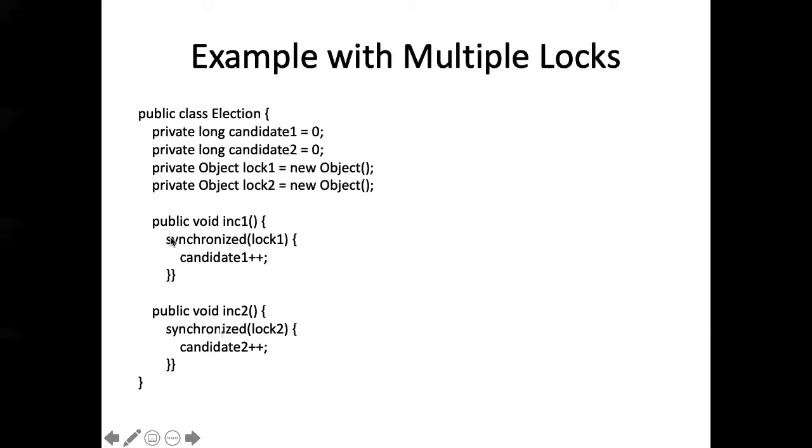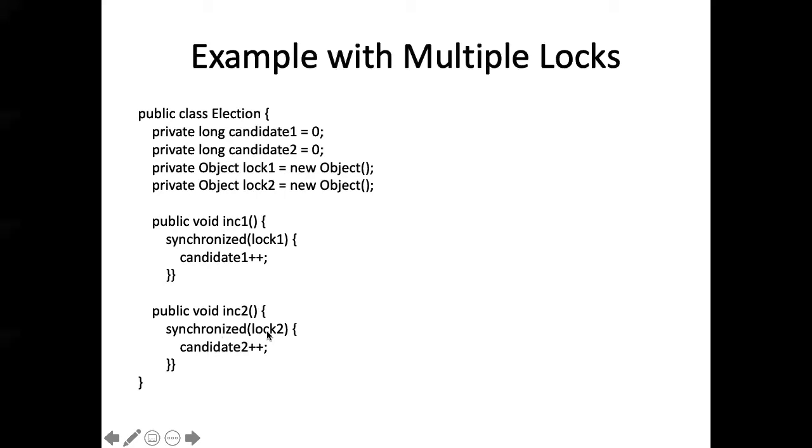So what we want to do in this case is use 2 different synchronized blocks, one in inc1 and one in inc2, and we have them grab different locks. So A, when it calls inc1, will end up grabbing lock 1, and B, when it calls inc2, will grab lock 2.